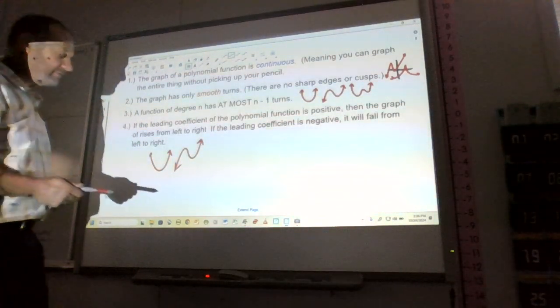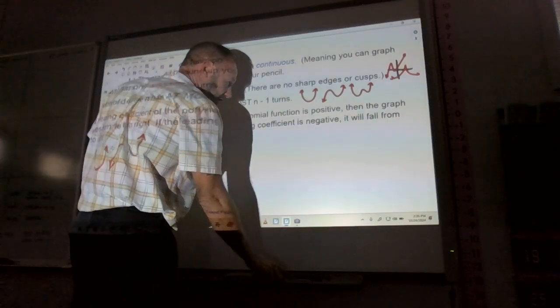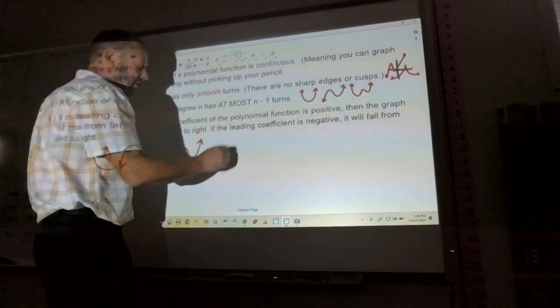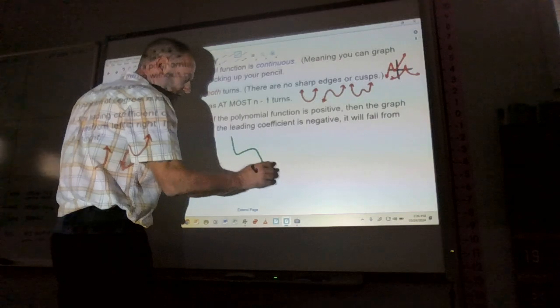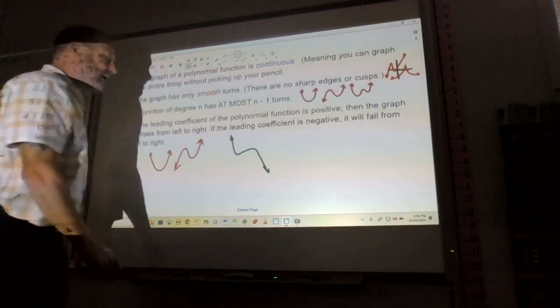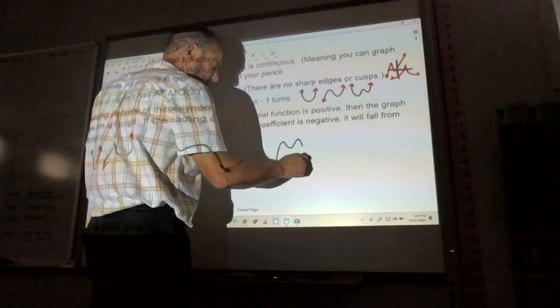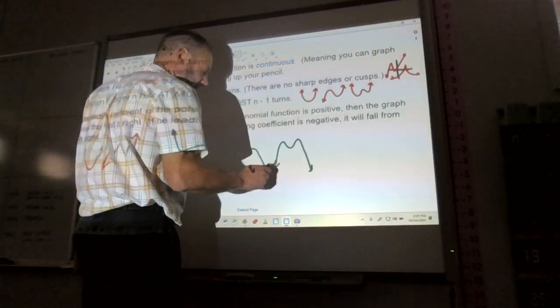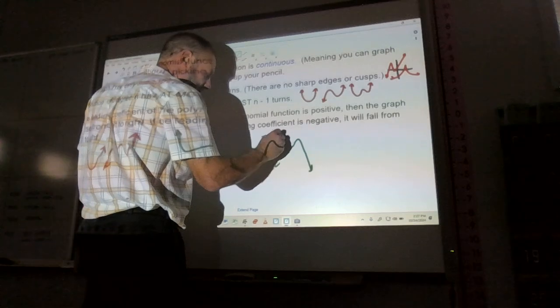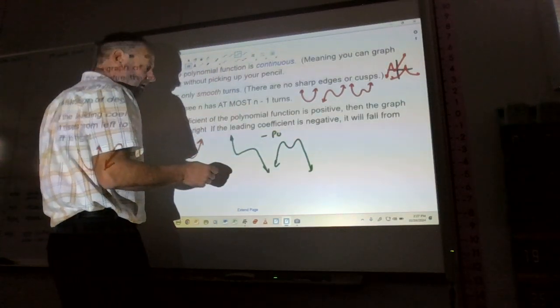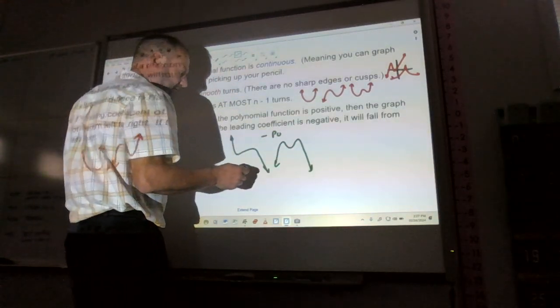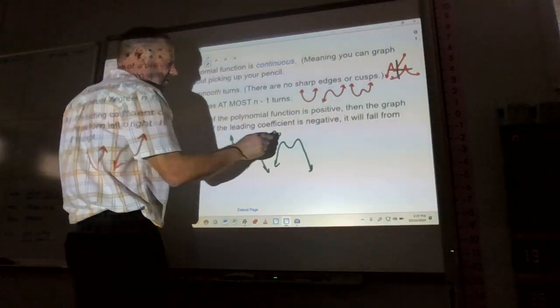If the leading coefficient is negative, it will fall from left to right. So this would be a negative leading coefficient. This would also be a negative leading coefficient. I'm sorry, the leading coefficient is negative, not negative powers.